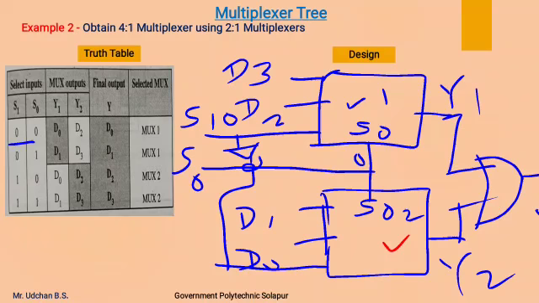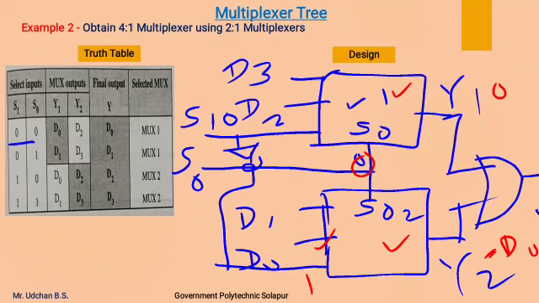As S1 is 0, its enable input will get 1. Similarly, the S0 line is at 0, so the D0 line gets selected. We will get Y2 as D0. As the first is disabled, we will get Y1 as 0. So the end output we will get is D0.